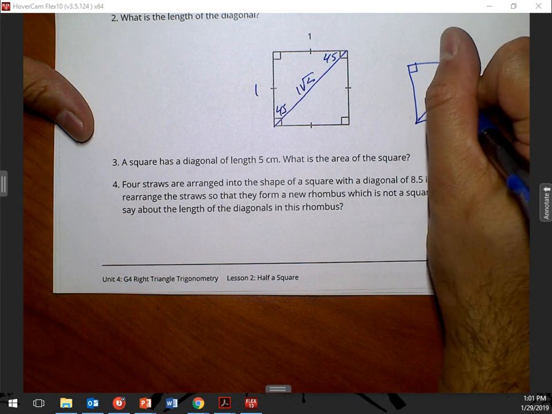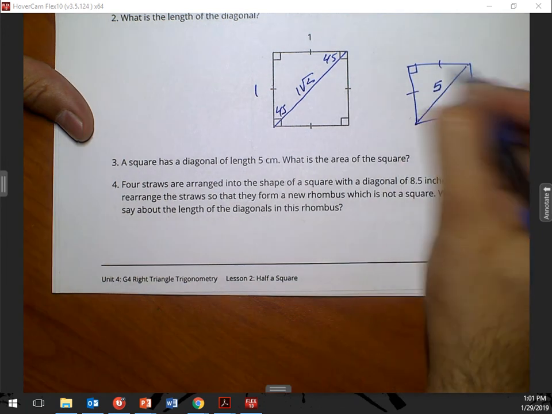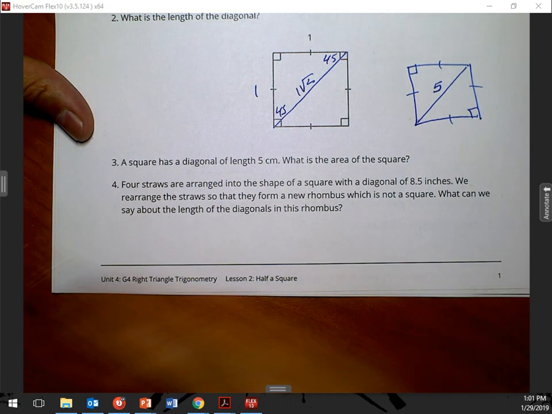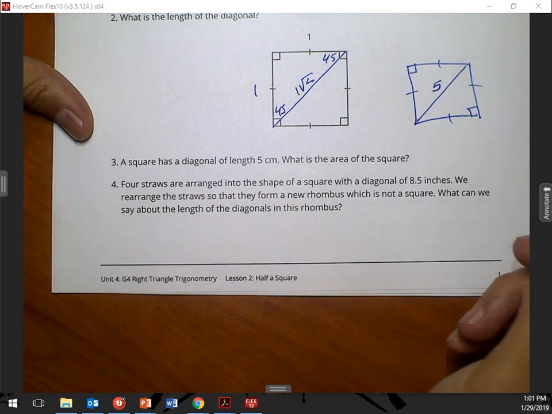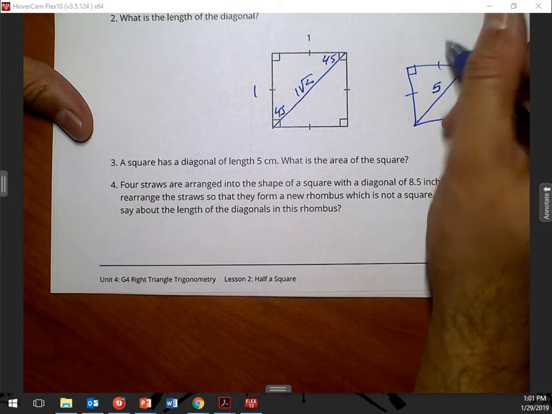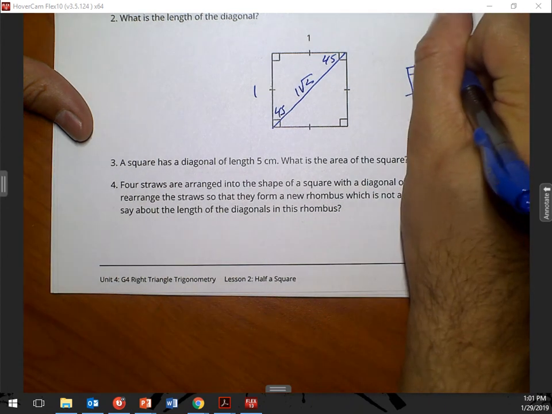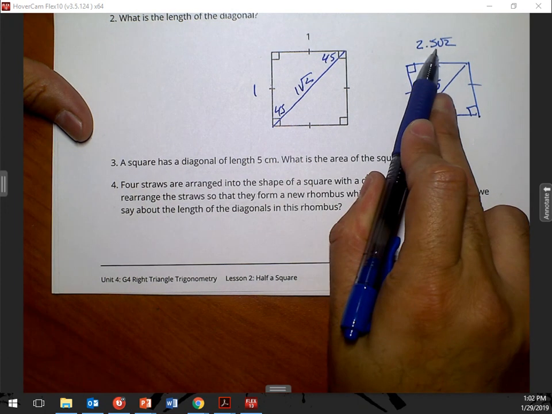So 5 is right there. What is the side over here going to be? 2.5 radical 2. It's half times root 2, right? Yeah.